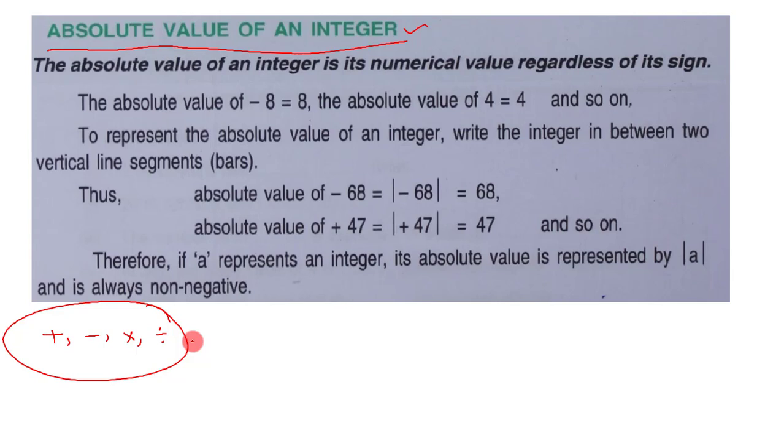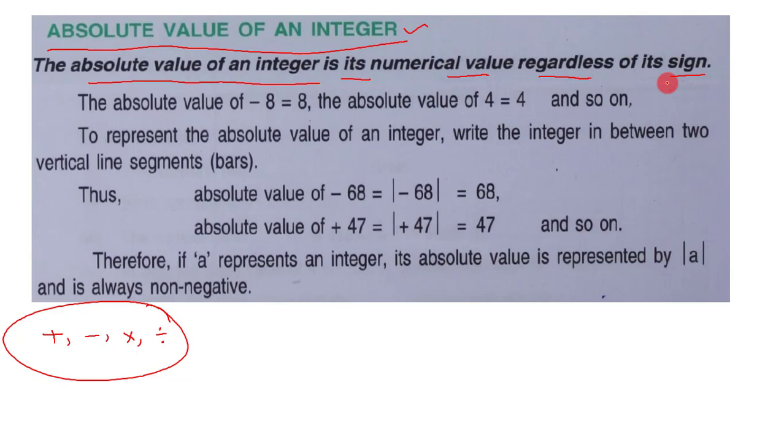What is the absolute value of an integer? The absolute value of an integer is its numerical value regardless of its sign. That means without considering the sign, we write only the numerical value of that integer.